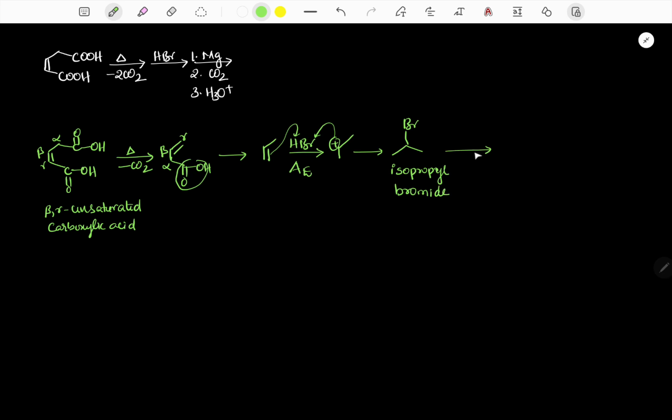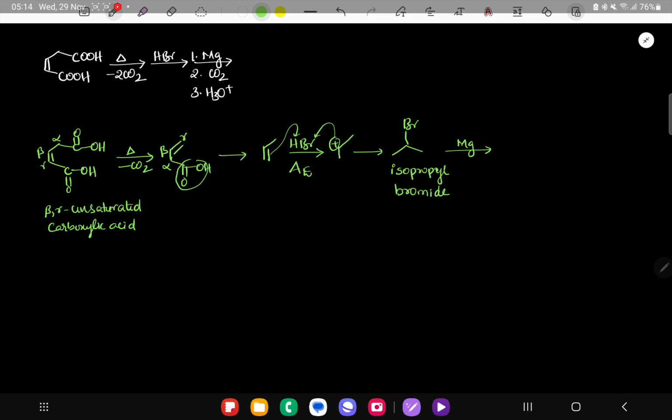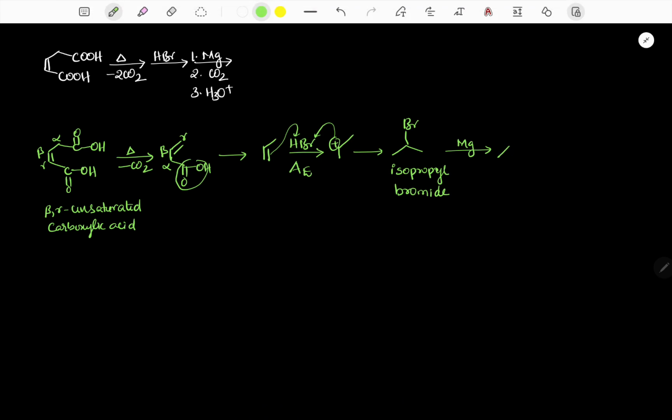Now it is treated with magnesium. So it is an alkyl halide. When treated with magnesium, it forms a Grignard reagent.